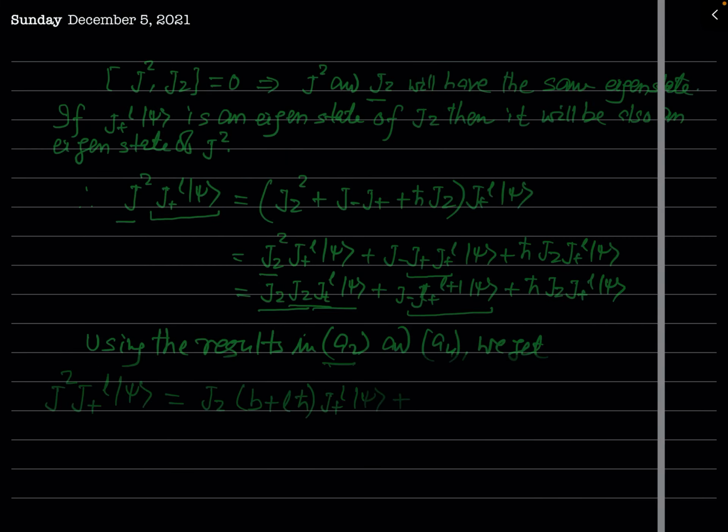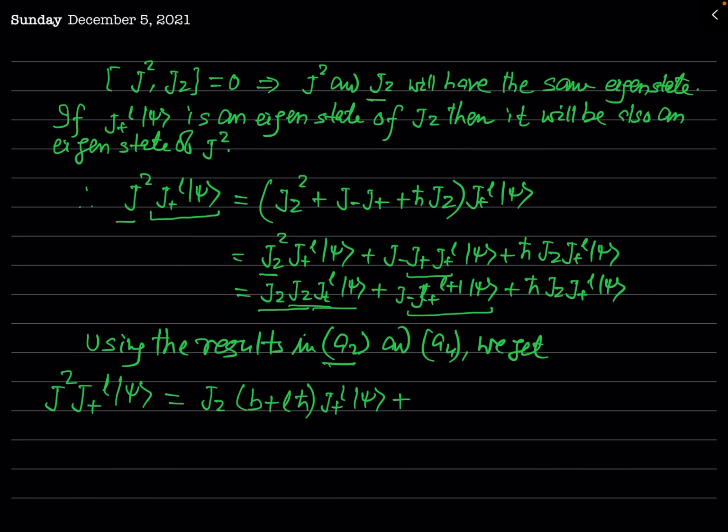So the second term in this equation becomes 0, and plus again here you can see this J plus L kets Jz operated on J plus L ket psi. By the use of equation A2, we will again write it like this.